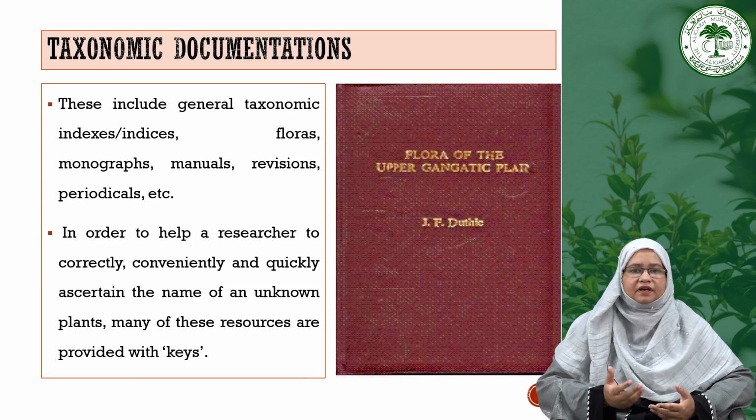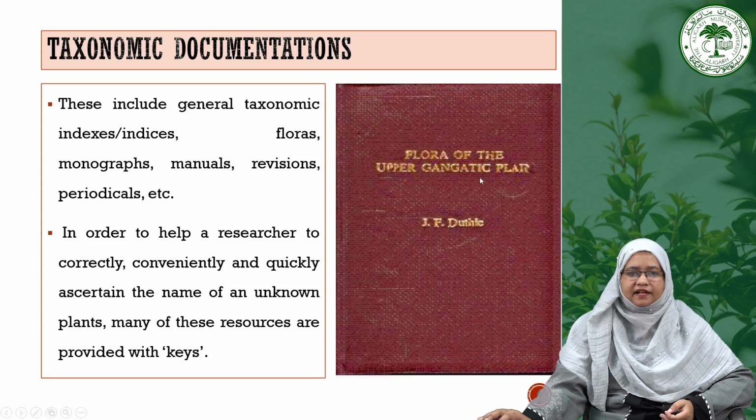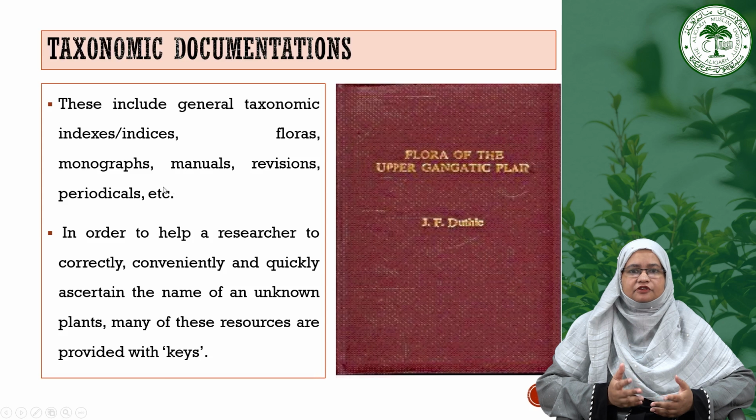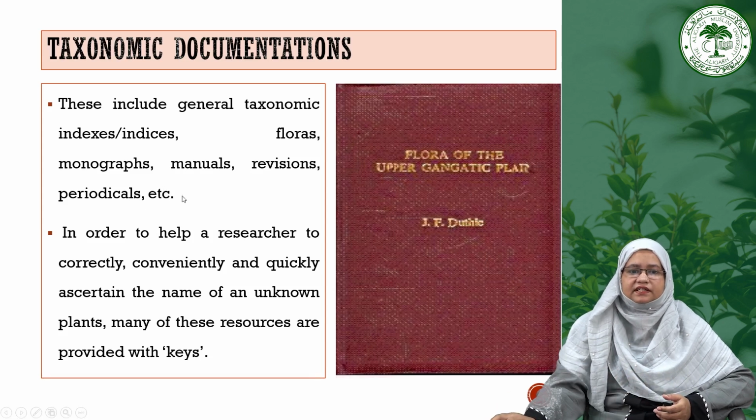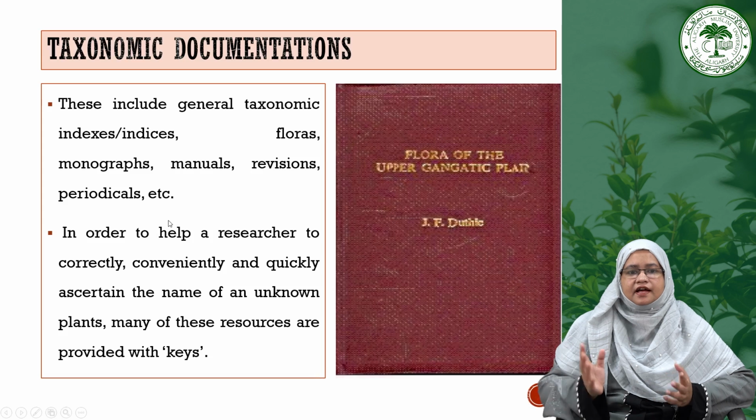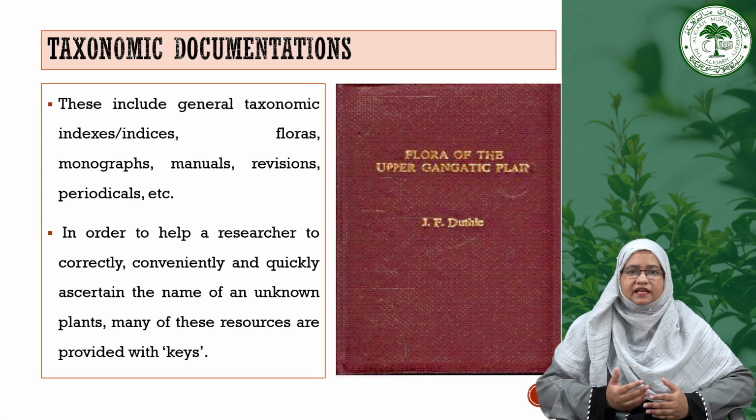He wrote many floras, and one of them is the Flora of the Upper Gangetic Plain. Besides this, there are monographs, which are typically based on a particular group of plant species, then manuals, then revisions or periodicals. These are the taxonomic documents that help in the identification of particular plant species.